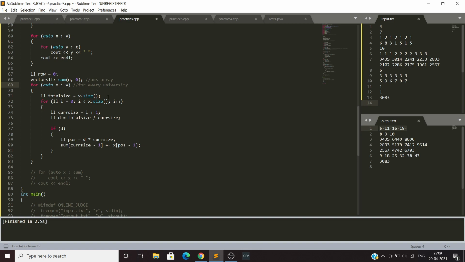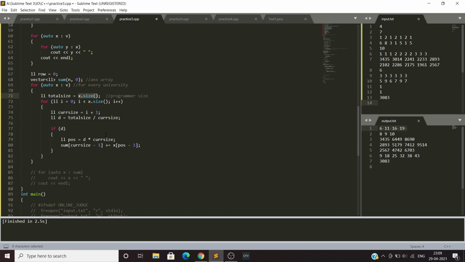For every university, we are checking the programmer size, and after we are done with it, we take the current size. Current size is i plus 1, because we are zero indexing here. And the total size is the number of programmers that are in the university. So total size is that, and the current size we know.